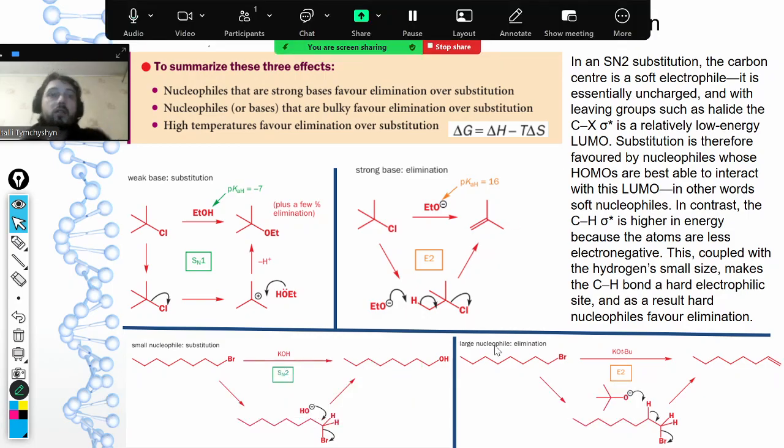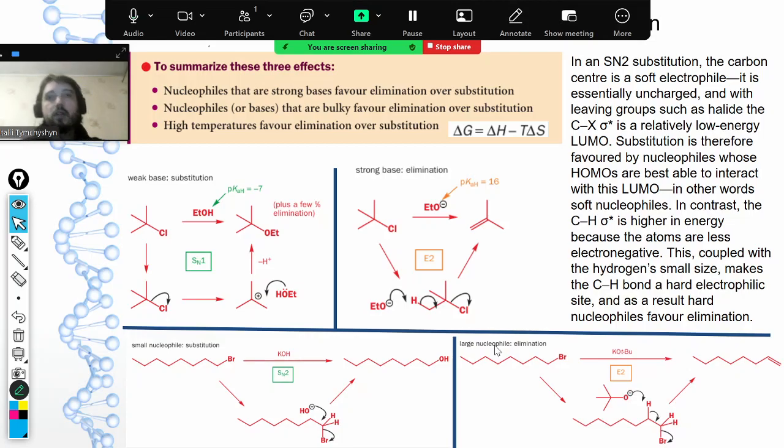That's because everything else is pretty similar. So what do we have here? There are basically three effects. Nucleophiles that are strong bases favor elimination over substitution. Nucleophiles or bases that are bulky favor elimination over substitution. And high temperatures favor elimination over substitution.